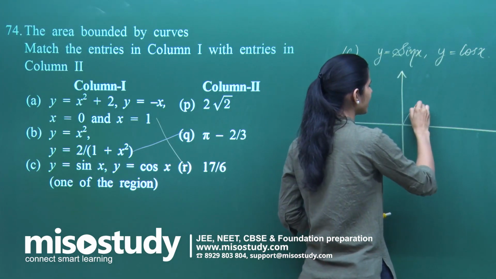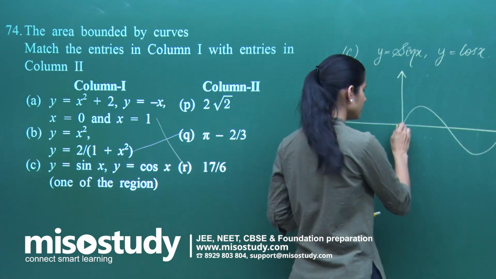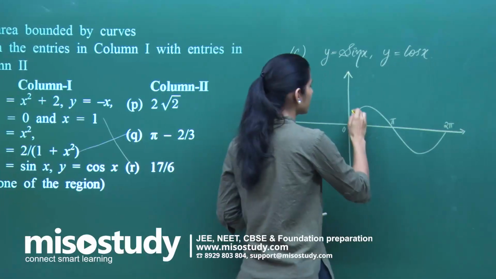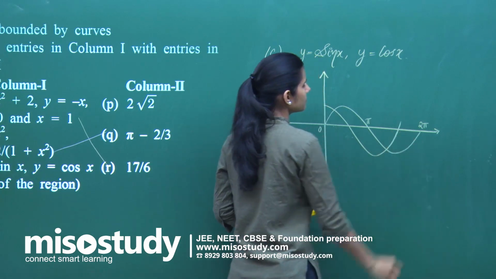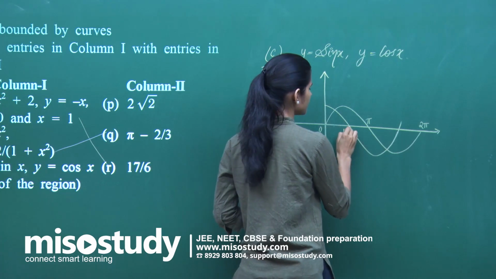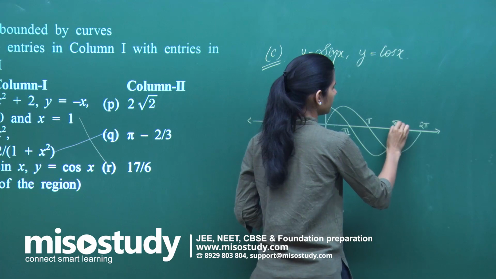So if I talk about sine, this is one cycle of sine, this is 0, pi, 2 pi. Talking about cos, this is one cycle of cos. This is 0, this is pi by 2, and this is 3 pi by 2.